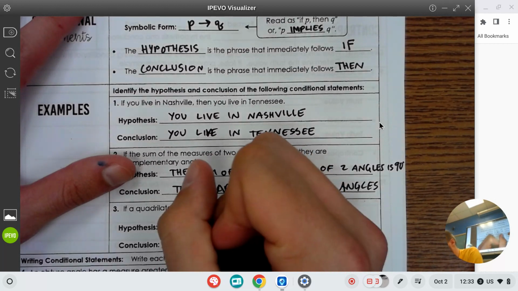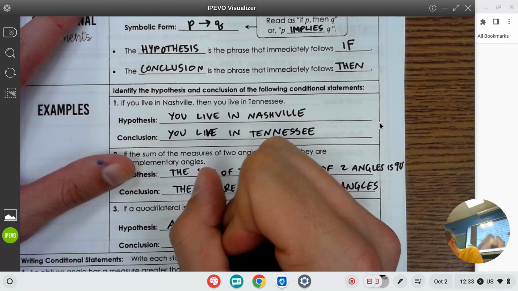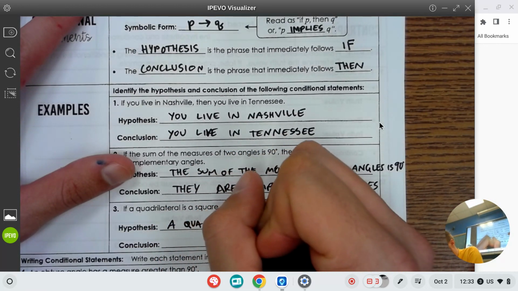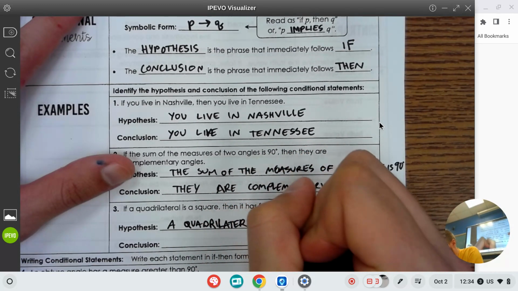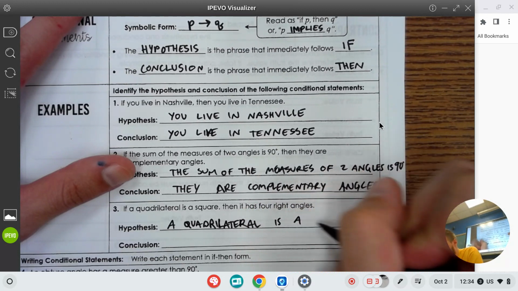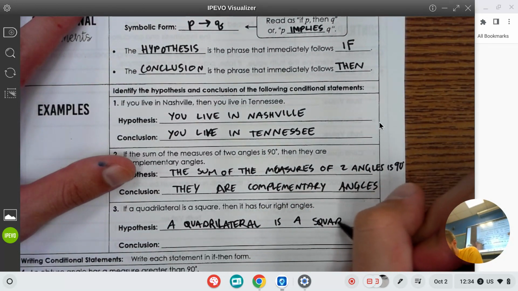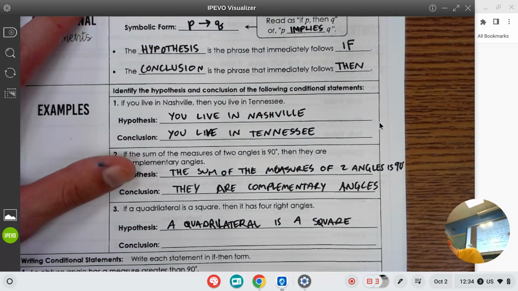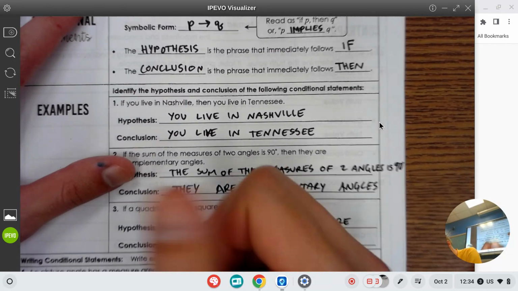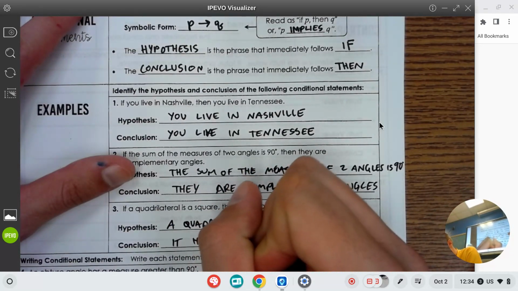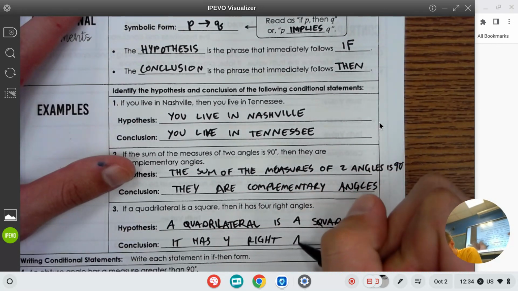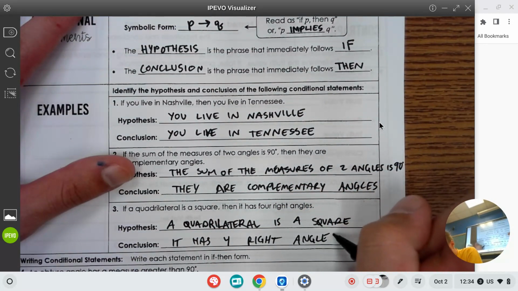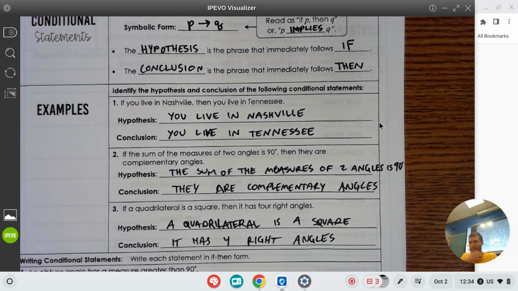Well, the hypothesis, if, we got it now. A quadrilateral is a square, then, that's our conclusion, it has 4 right angles. Okay, good enough. Okay?